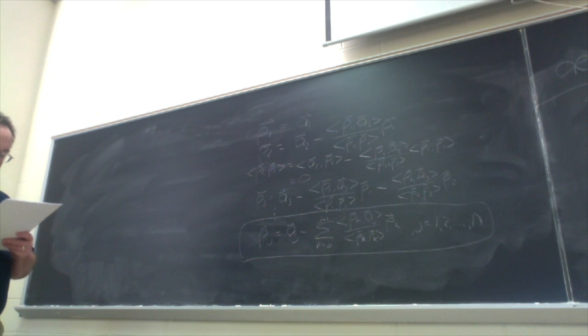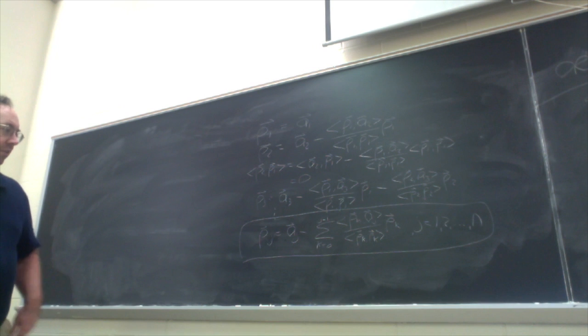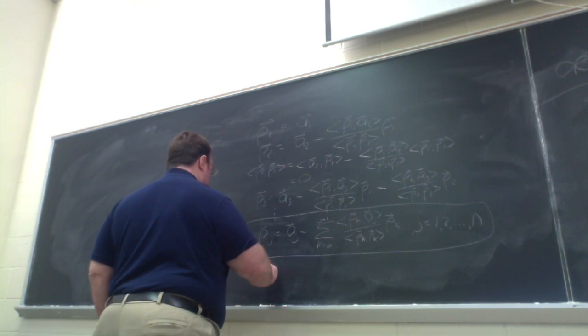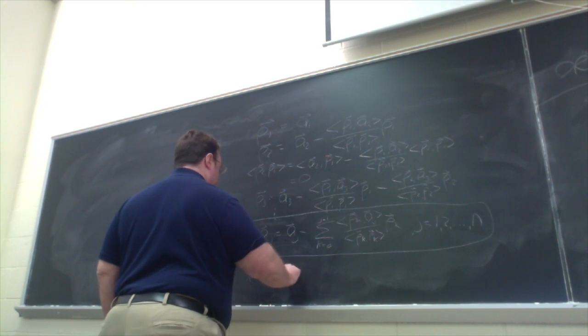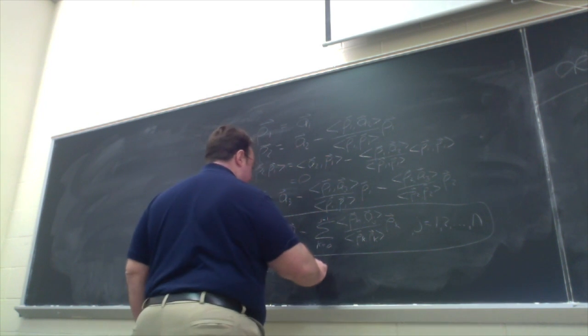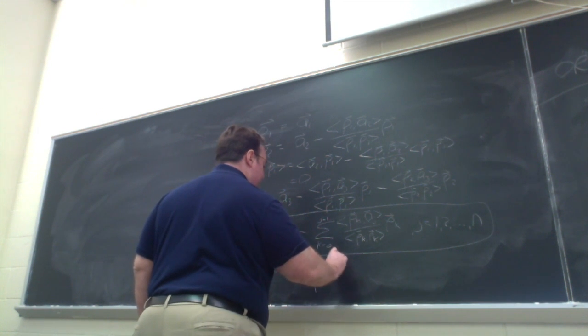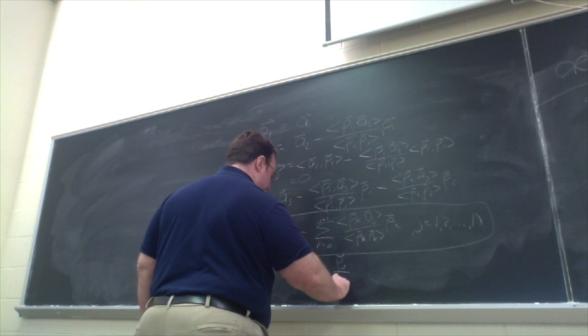Okay. Now, this gives you orthogonal vectors. If you want orthonormal vectors, then all you have to do is define qj to be equal to each pj divided by its norm.